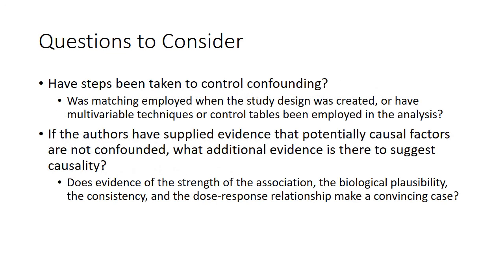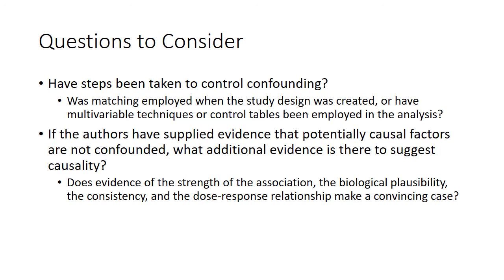Also, have steps been taken to control for confounding? Was matching employed in the study design, which is great, or have multivariable techniques or control tables been employed in the analysis to let you see that yes, they have controlled for these confounders? And if they supply evidence that potentially causal factors are confounded, what additional evidence is there to suggest causality?